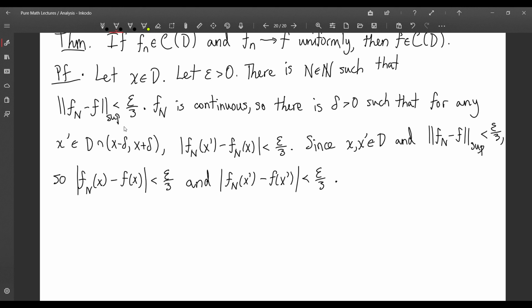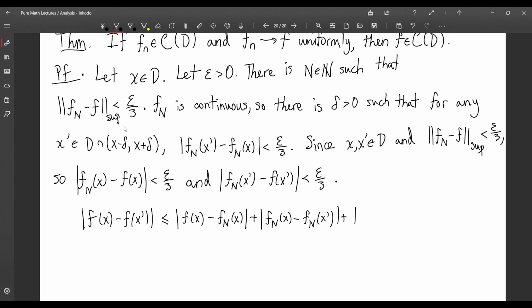And now we can use the triangle inequality 3 times, or I guess 2 times, to show that the absolute value of the difference of f of x and f of x prime is less than or equal to the sum: f of x minus f sub N of x, plus f sub N of x minus f sub N of x prime, plus f sub N of x prime minus f of x prime.